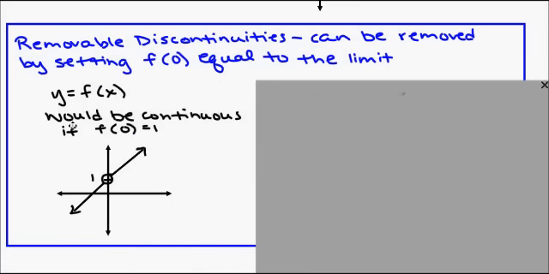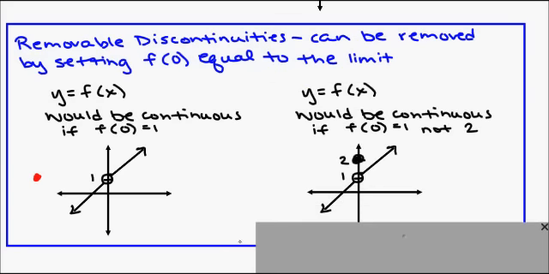So this one here, it is just a hole. There isn't another value. And it would be continuous if I just plugged in that hole at f of 0. So if I put a point at f of 0, put it in at 1, that would be a continuous graph. But there is no point there, so it's discontinuous.